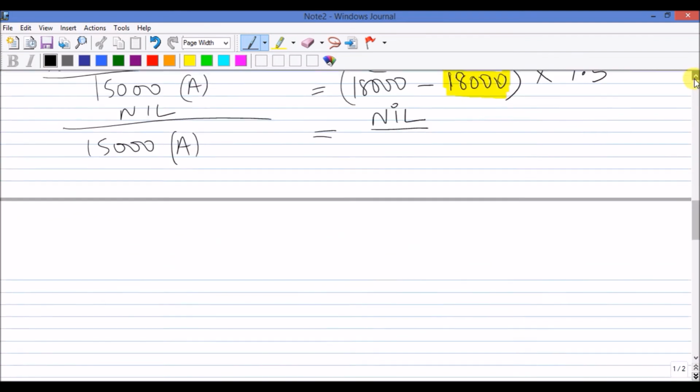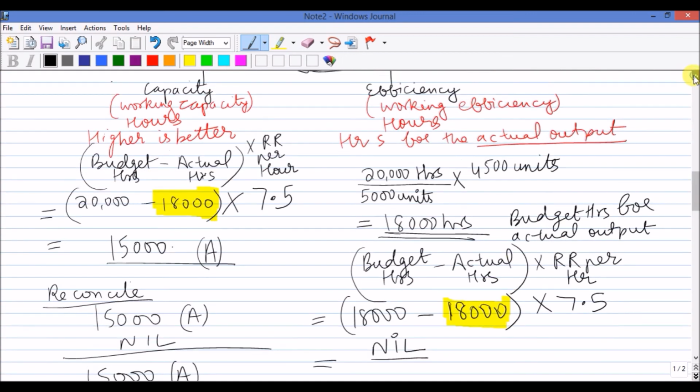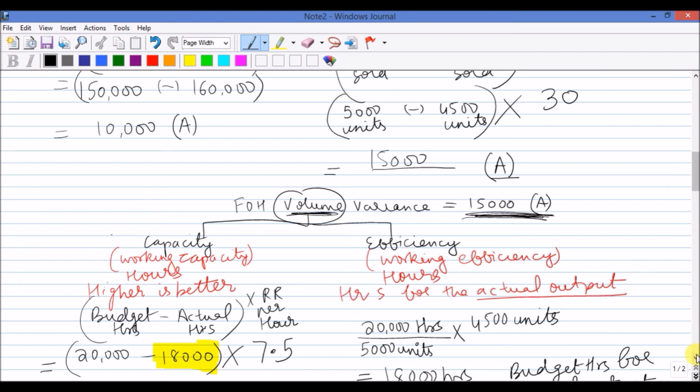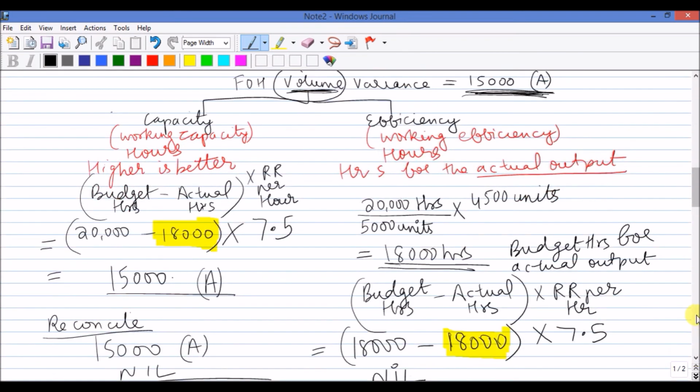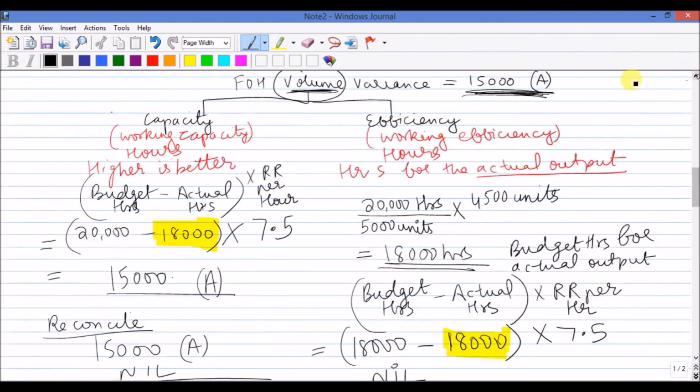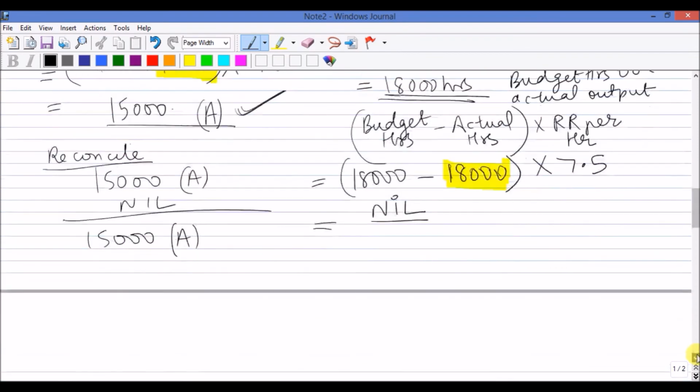Now what I need to do is, I need to rub something. Give me 1 minute. Now capacity I require. We know the capacity variance is 15,000. Okay, so I'll do it on the next page only.